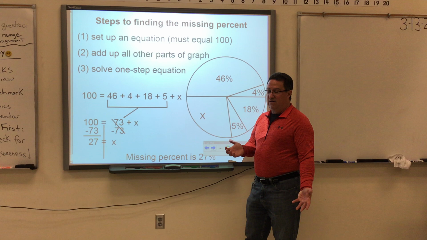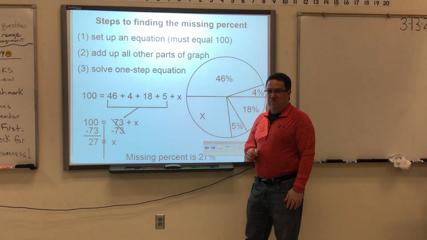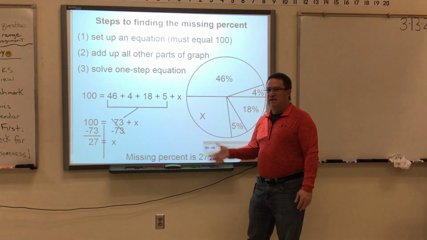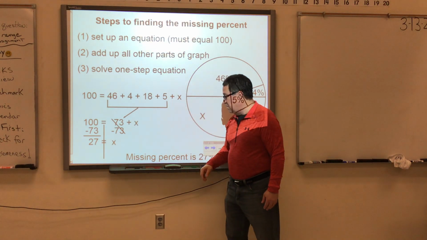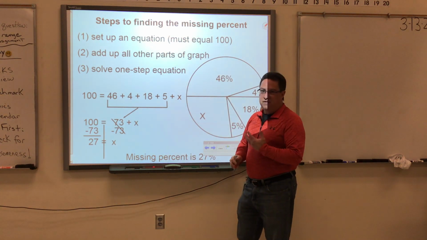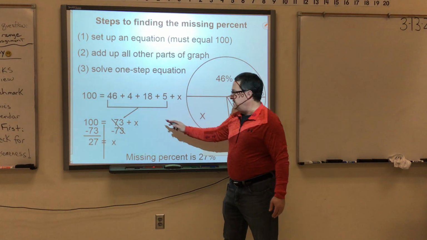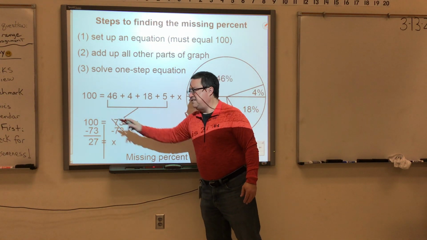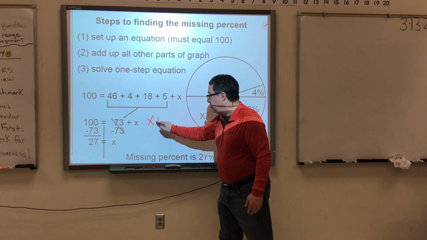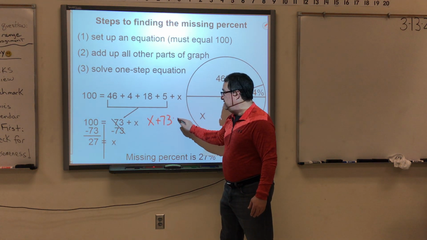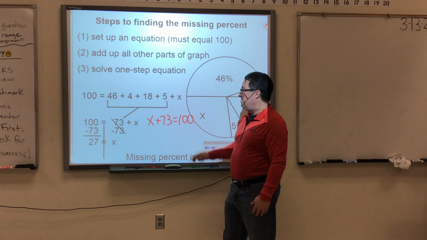Then we're going to remember, hey, that's an addition problem. What's the inverse operation? Subtraction. So I'm going to subtract 73 from both sides. Some of you at this point may want to rewrite the problem, instead of having this on the right side, since you're used to seeing it on the left side: x plus 73 equals 100.